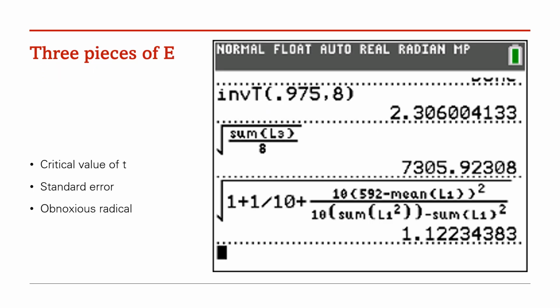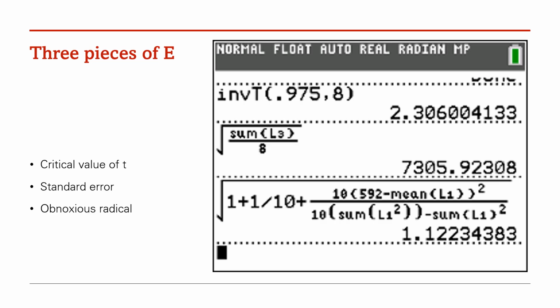And now you have saved in the memory the 3 important parts of E, and we're about to call each of these up and multiply them together. I don't care if you use your standard error that you found in LinReg T interval and you wrote it down and you're going to type it out right now, or if you created the square root of the sum of all of the values of the square deviations divided by n minus 2. Either way, I'm going to use the nerdy version because that is what I like to do.